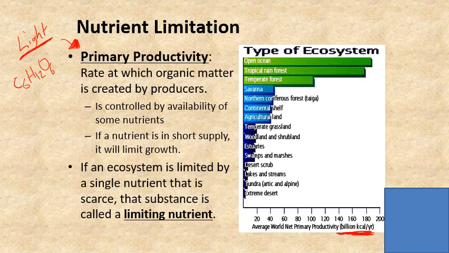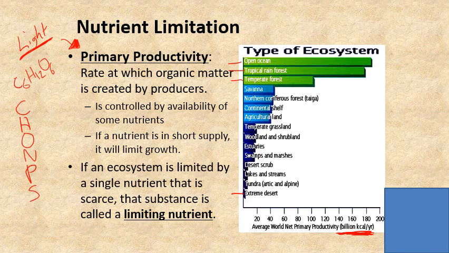So the open ocean, tropical rainforests, and temperate forests are the most productive in producing units of energy in chemical form. And as we go down, the desert is baked in sun, but water is a limiting nutrient. Now there are the other nutrients, carbon, hydrogen, oxygen, nitrogen, phosphorus, sulfur, the basic elements that living things need, and then there are other small ones.